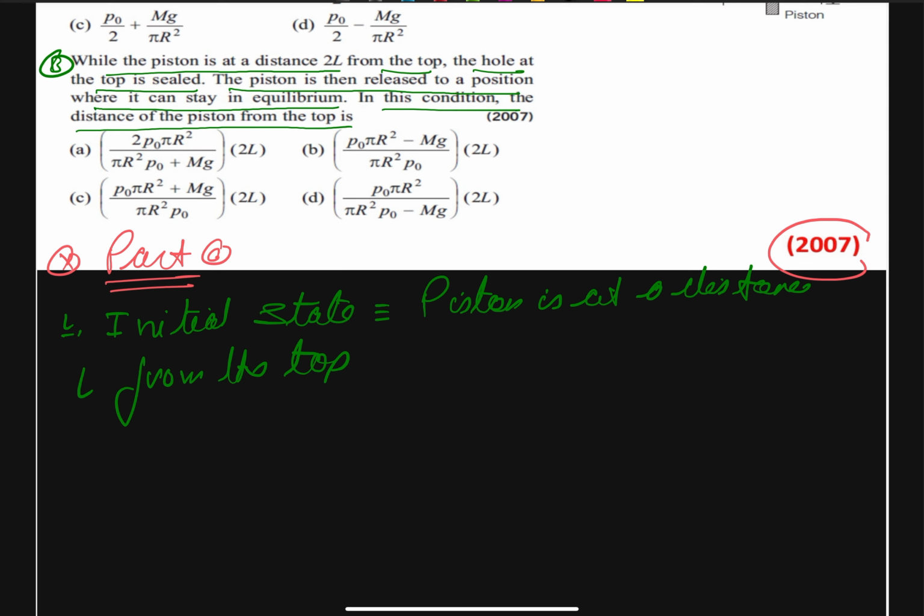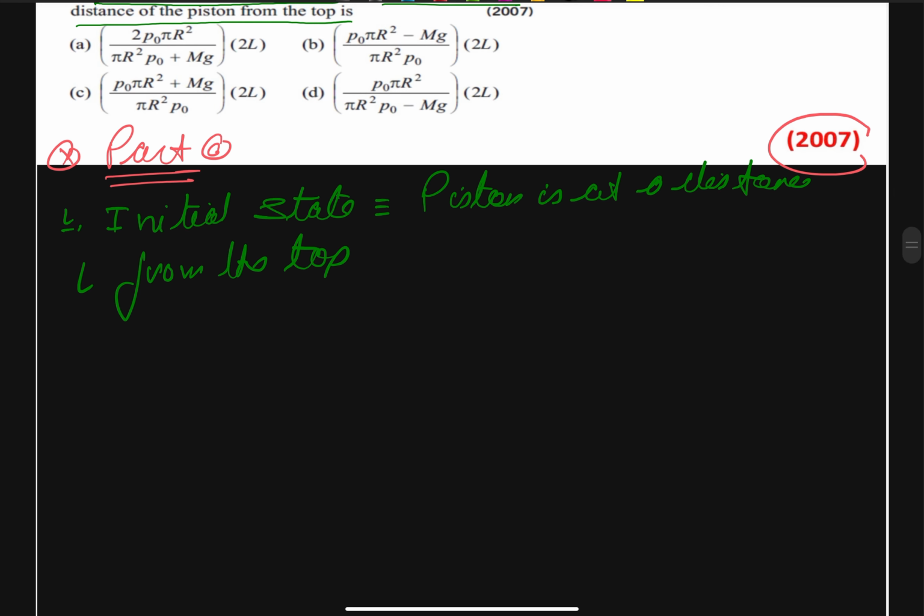And therefore, we can say that the volume of the gas between the cylinder top and the piston, the initial volume, let us call this V initial, will be equal to pi r square multiplied by L.